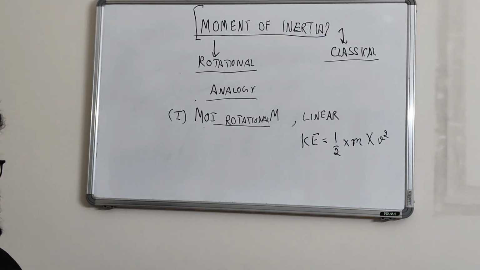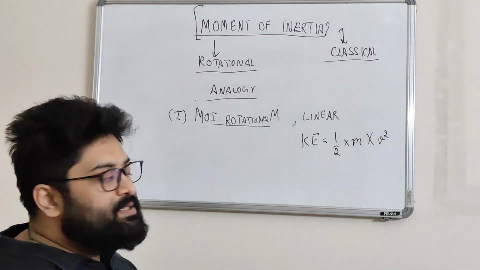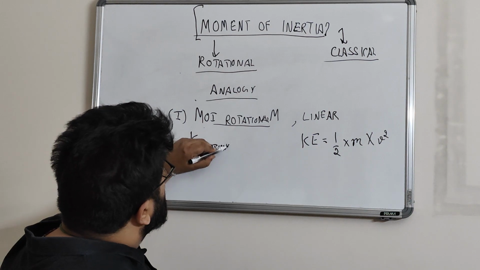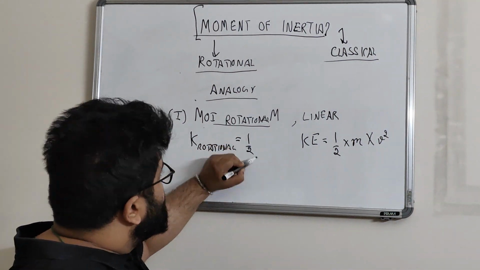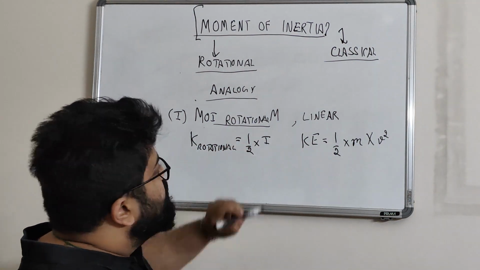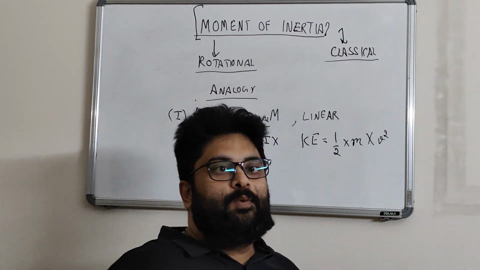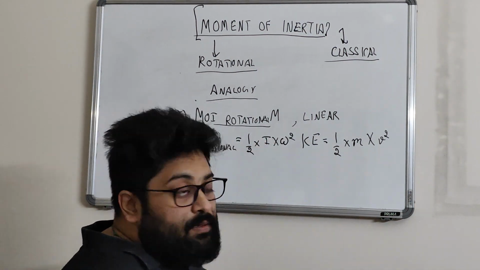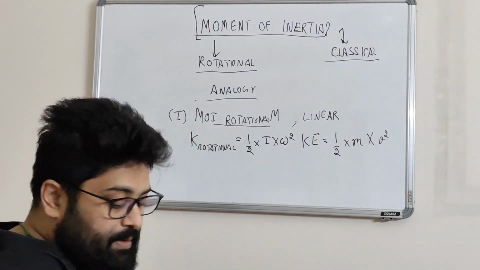Similarly, for rotational kinetic energy, the formula becomes half, instead of mass we have inertia I, and instead of velocity it becomes omega square. Omega is nothing but angular velocity or rotational velocity.